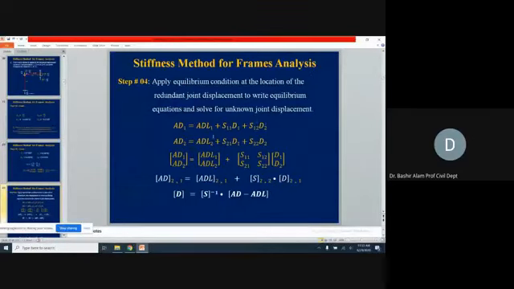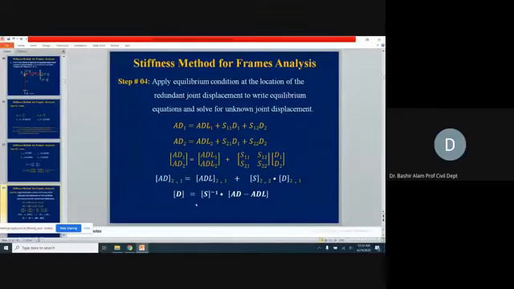Here you see the standard form of the equilibrium equation for a 2 degrees kinematically indeterminate problem. These are the linear equations, now followed by the stiffness form, this matrix format, and then the condensed format, and here rearrangement, how we find out the unknown displacements then.